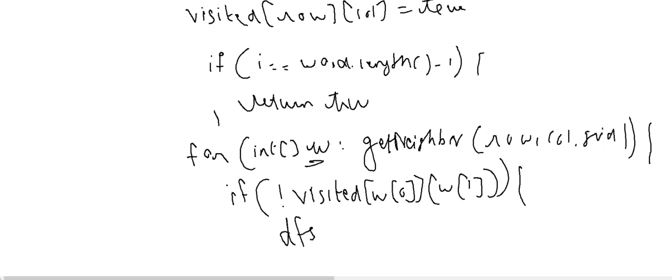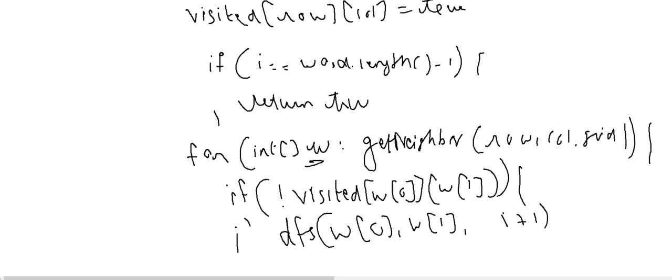So we are going to do the DFS starting from this row and this column. The arguments will pass as is, but with that we're going to increment that index. So this will point to the next character in the word. We're going to start the DFS. But what happens if this DFS returns true? That means it's saying that I have found the word, right?